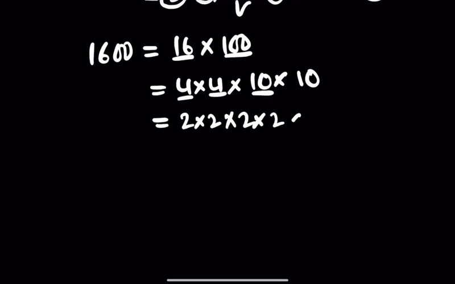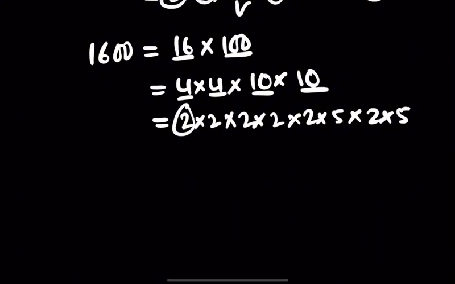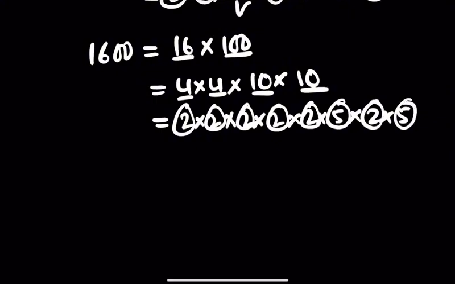The 10 can be written as 2 times 5, and same with the other 10, 2 times 5. Now let's see if everything has a pair. 2 has a pair. This other 2 also has a pair. This 2 right here also has a pair, and this 5 also has a pair. Since all the factors have a pair, therefore 1600 is a perfect square.